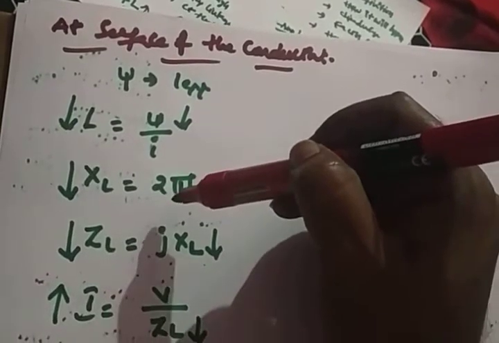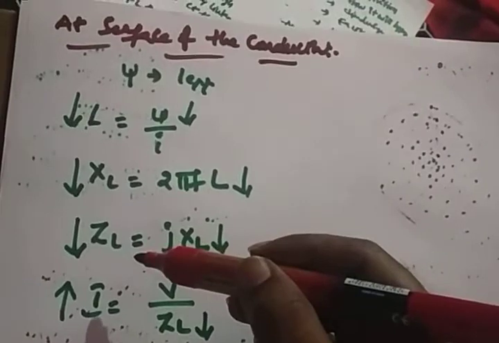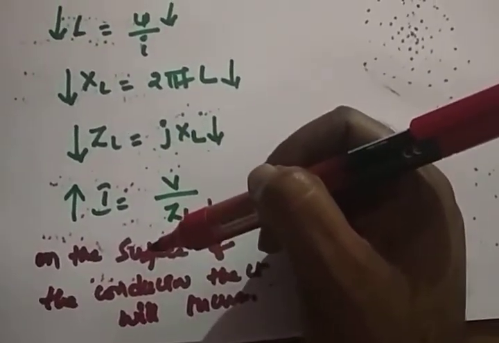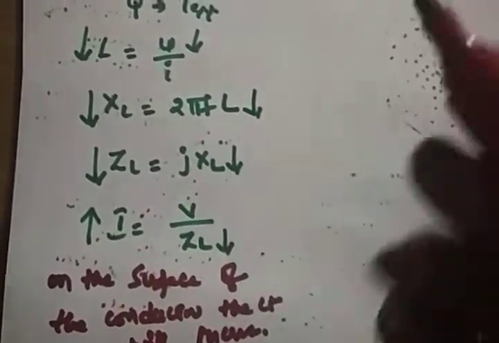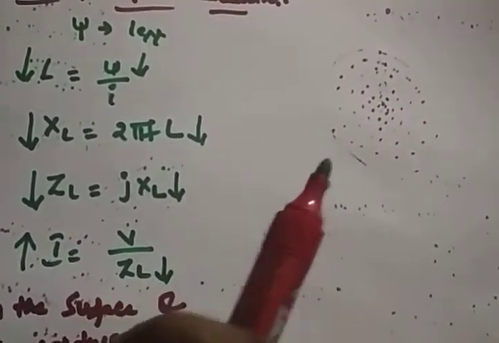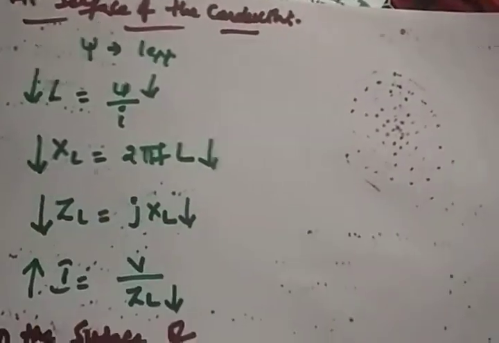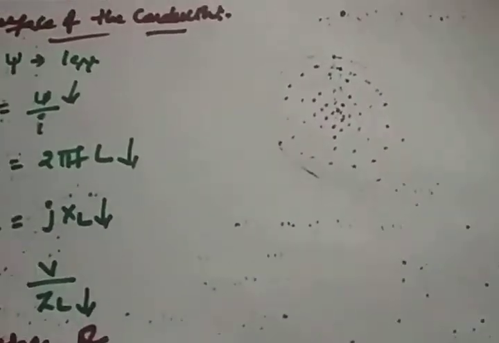If the inductive reactance reduces, the inductive impedance also reduces. If inductive impedance reduces, what about the current? The current value will increase. That means on the surface of the conductor, you are getting maximum current, while at the center of the conductor, you are getting very less or minimum current. This phenomenon we call the skin effect, right? I hope it's clear. You will define it yourself, right?